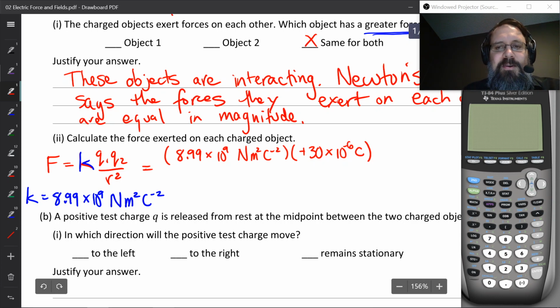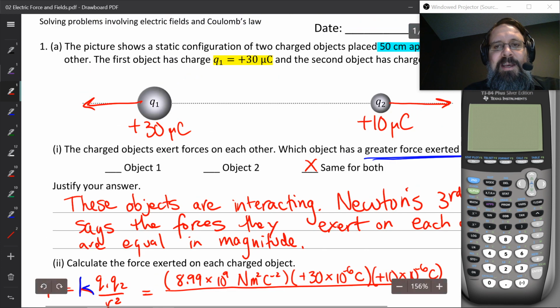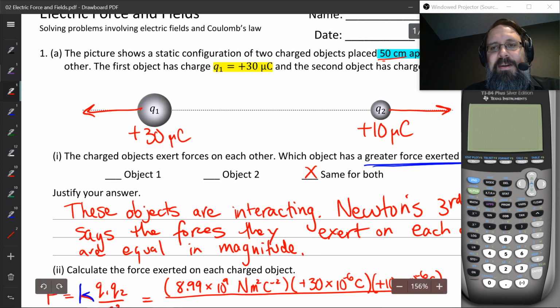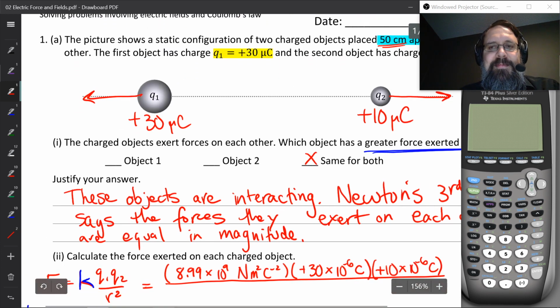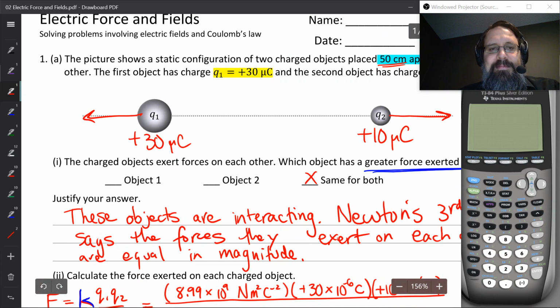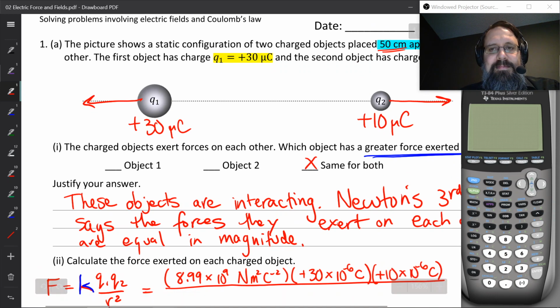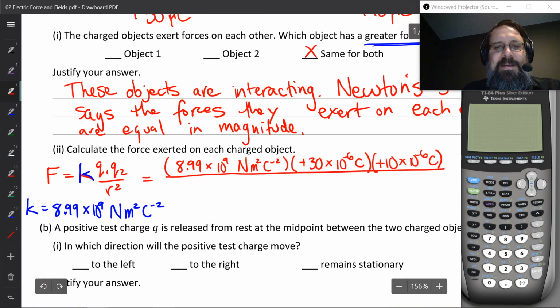And then we have one more charge, which is positive 10 microcoulombs. And we're going to divide all of that by the distance between them. They were 50 centimeters apart, so how do I need to write that? 50 times 10 to the negative 2, or an easier way of writing it, 0.5.